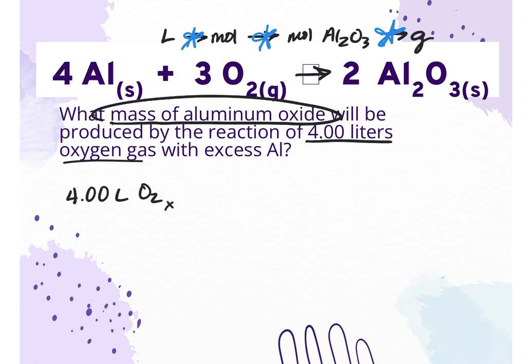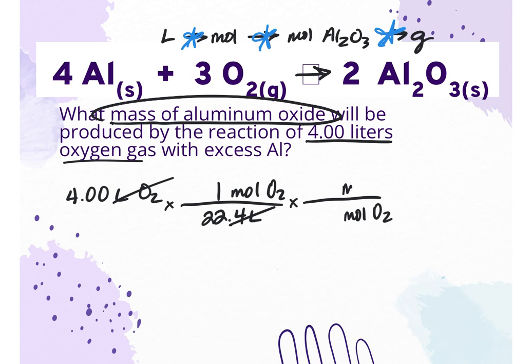I know for any gas at standard temperature and pressure, there are 22.4 liters in 1 mole. That doesn't change. So liters will cross out. Then we're going into our mole ratio. Moles of oxygen, I'm trying to find aluminum oxide. 2 to 3.